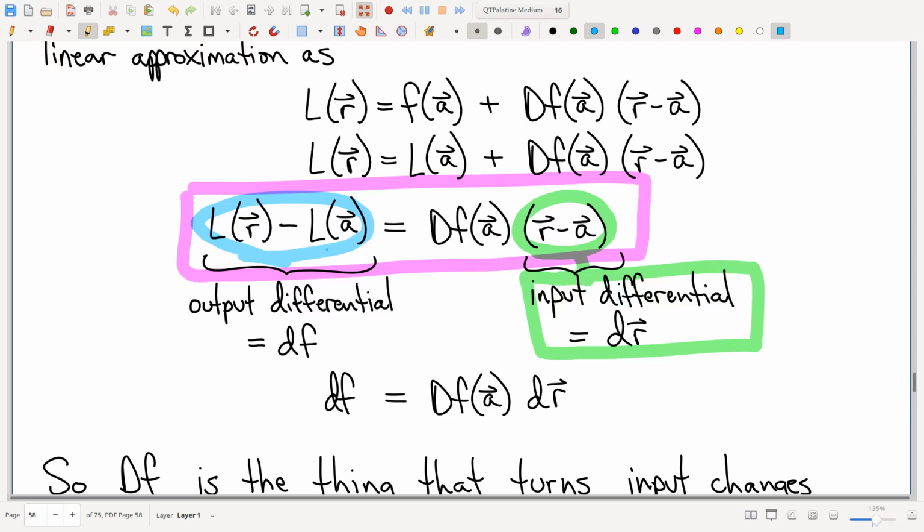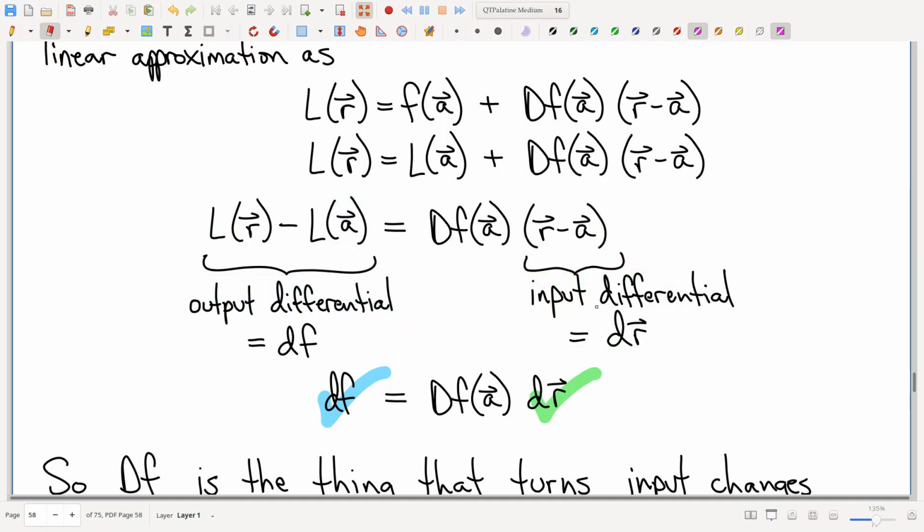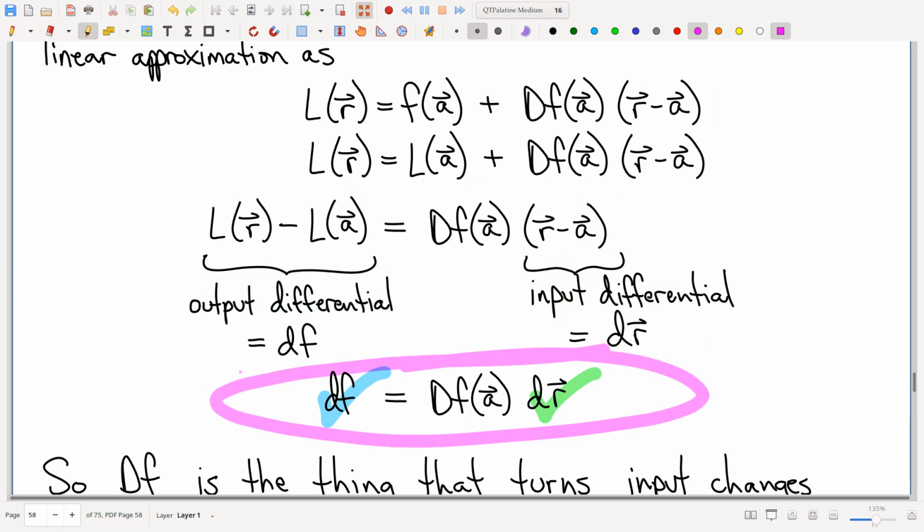Or you might say it's our linear estimate of the change of f. And you remember we defined that as the output differential. So changing the notations accordingly, effectively the linear approximation turns into a thing that I can rewrite as this.